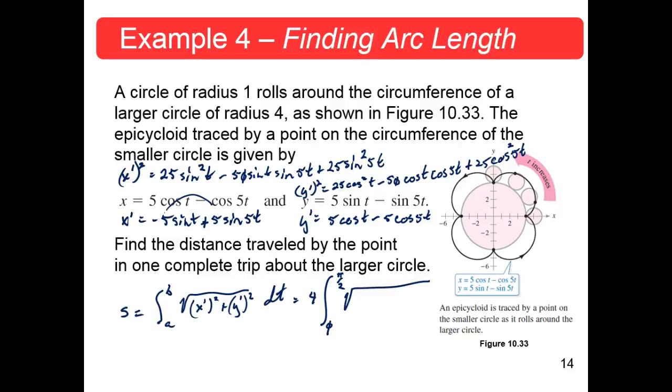Okay. Now we're going to take these two things, the squares, and add them together. And without writing them out so they take up that much room, let's just sort of mentally do it up here. So we're going to have this term added to that term, and what does that give you? 25 sine squared t plus 25 cosine squared t.